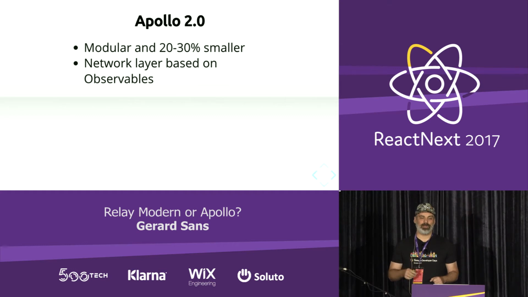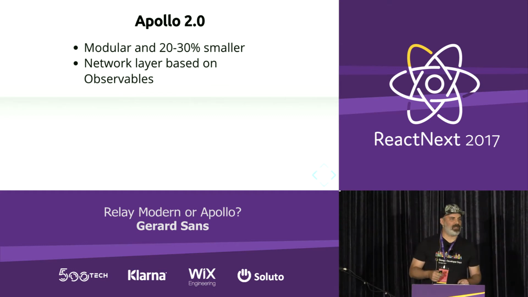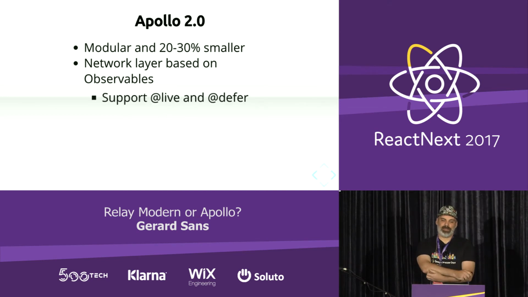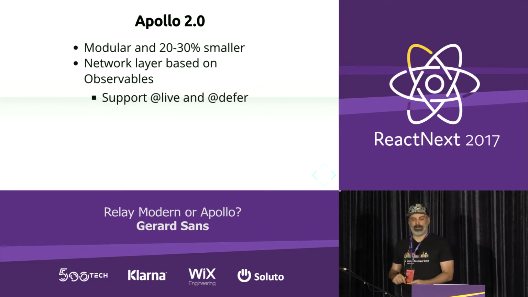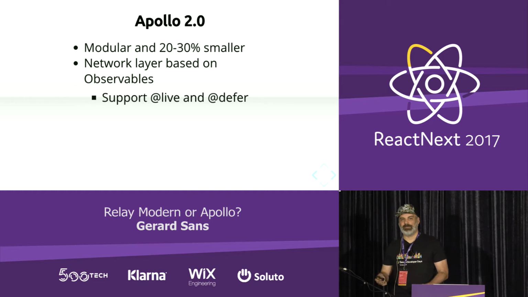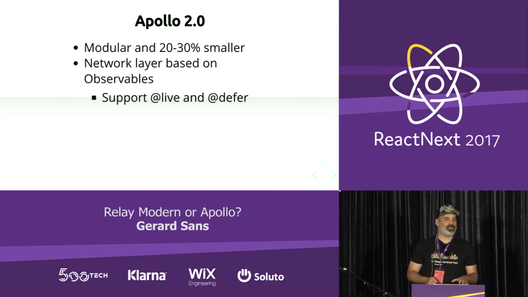They also built a new network interface, which will be based on observables. There are some interesting use cases. They are also now supporting the live and defer directives that we have heard about at different conferences. Now they are supported in Apollo Client too.